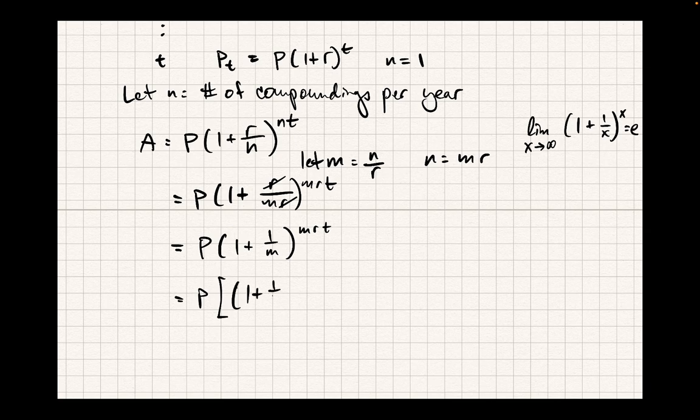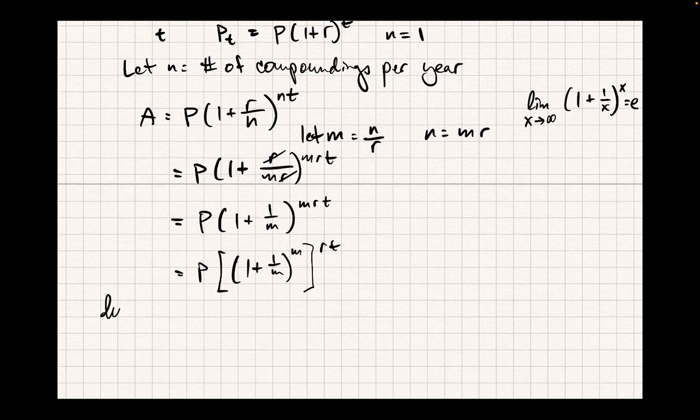This looks pretty good so far. And what do I want as my exponent? Just m. And what do I have left over? RT. Okay, and so it's just P. So the limit as m approaches infinity of this thing.